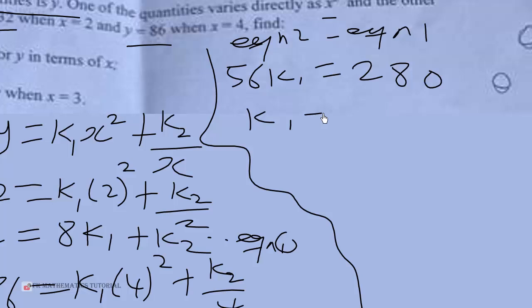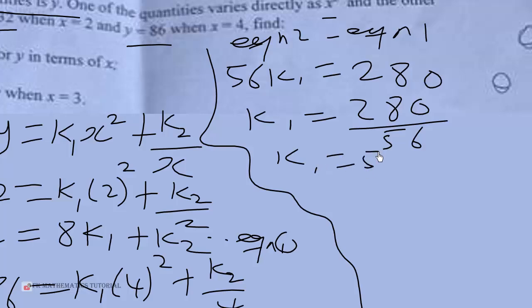So k1 will be equal to 280 over 56, which gives us 5. So k1 is equal to 5.